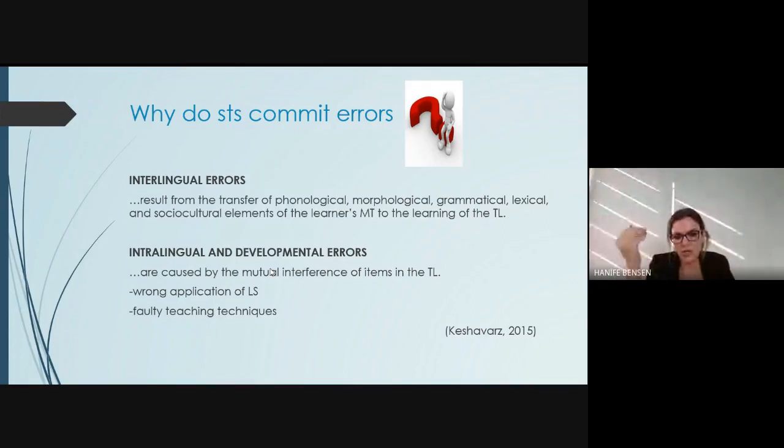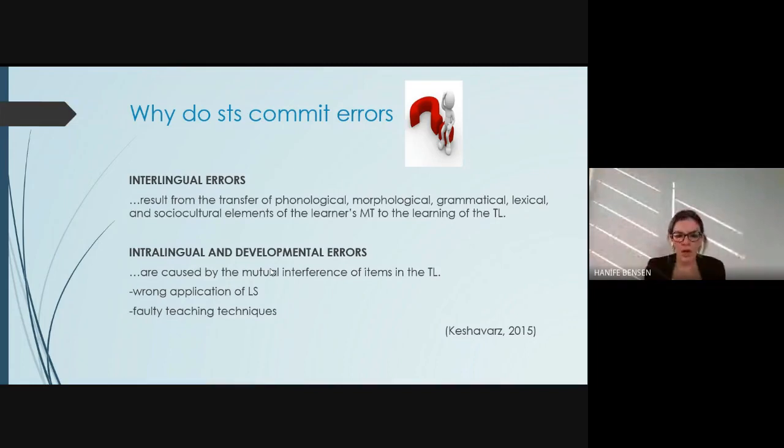After the emergence of error analysis, it was observed that students do not only translate from their mother tongue to the target language and make these errors. It's also because of intralingual and developmental errors. Now, what are these?